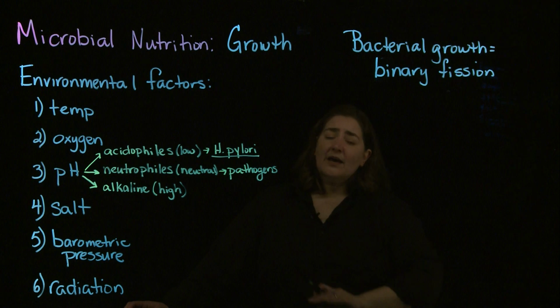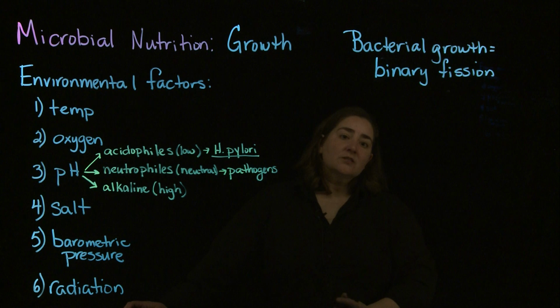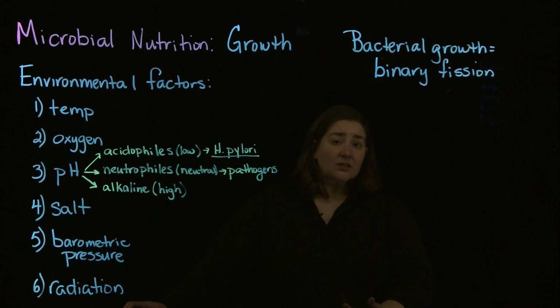The majority of pathogens that are out there in the environment are neutrophiles, which means they're going to grow best at a neutral pH. And the pH of your body overall is neutral. You have some exceptions to that. Your sweat is slightly acidic, your urine is slightly acidic, but for the most part, your body runs around a pH of 7, all right?